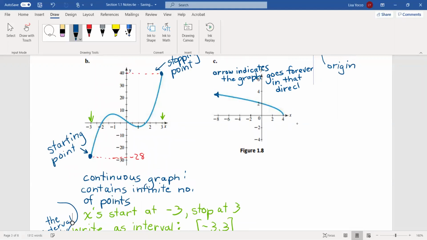So if I said, okay, does this graph have a starting point? It does not. It keeps going forever and ever to the left. So we need a way to write that. All right, so let's say the x's have no starting point.